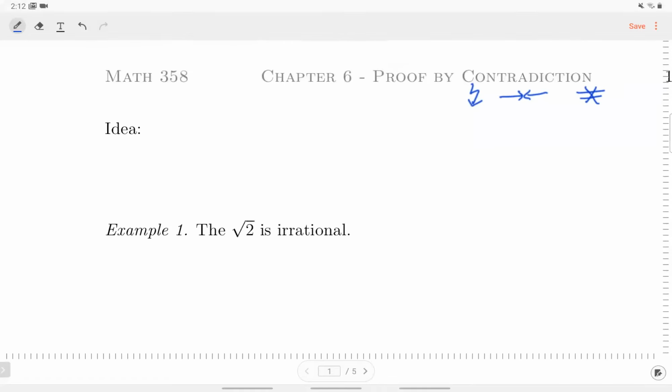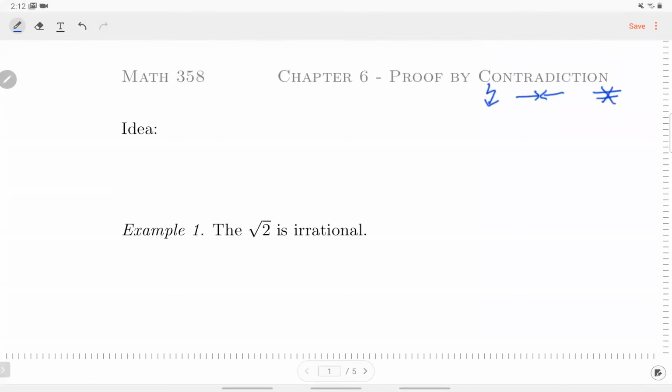So here's the idea. We are normally trying to prove a statement like P implies Q, right? Think your truth tables. What's the one situation where P implies Q came out false? It is only false if P is true and Q is false.